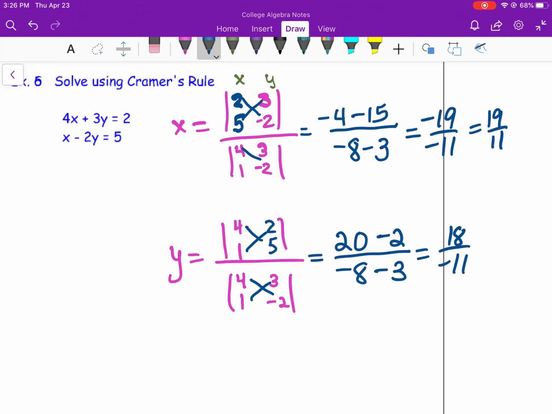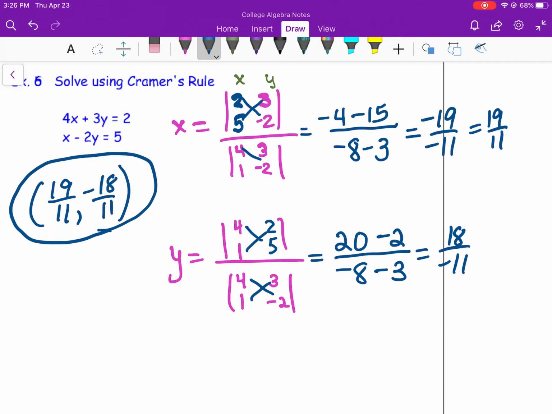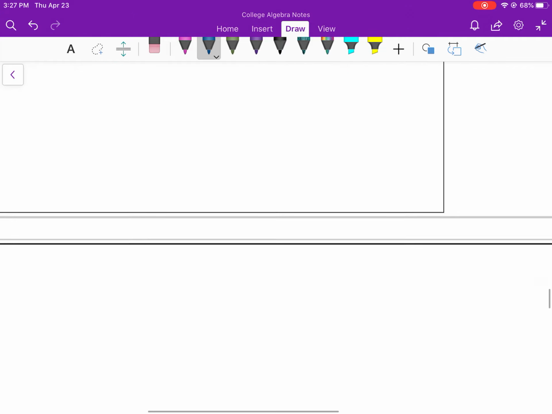And so the ordered pair is 19 over 11, -18 over 11. Now what you can do is plug those into the original equations to see if they check. You can solve the system another way to see if you get the same ordered pair. Let's try another one.